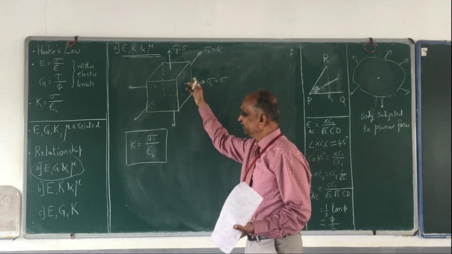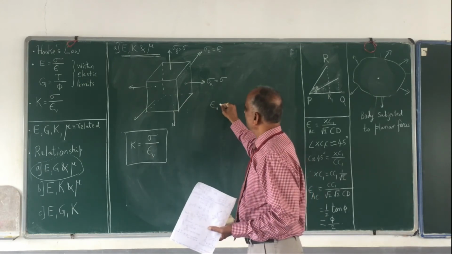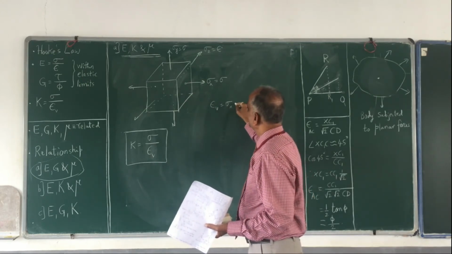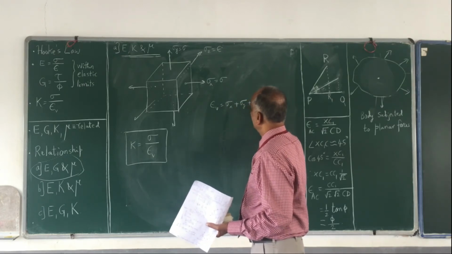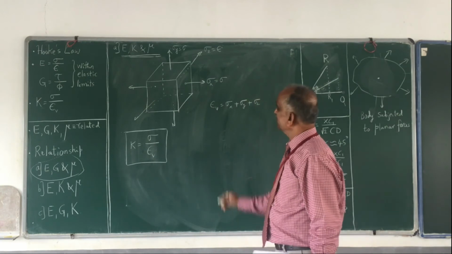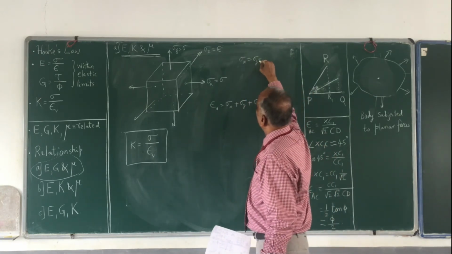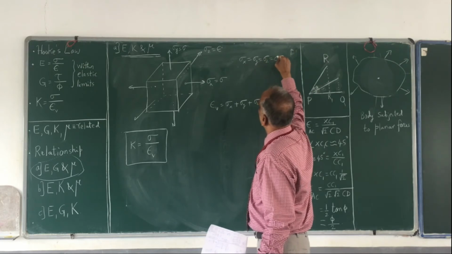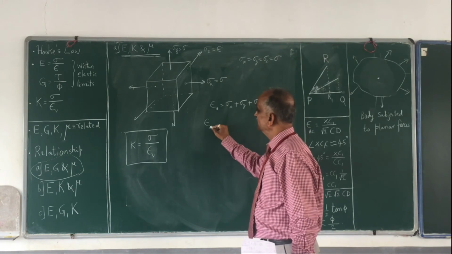Sigma I already know. Epsilon V, what is epsilon V? Epsilon V is equal to epsilon x plus epsilon y plus epsilon z. Here sigma x is equal to sigma y is equal to sigma z, which is equal to sigma. So what is epsilon x?